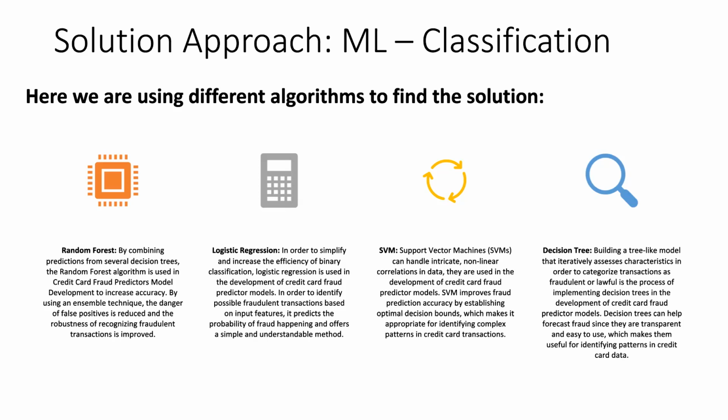Logistic regression is a binary classification algorithm. This model gives the probability of an outcome occurring as a function of input features. It is used to analyze transaction features to find the probability of fraud, whether the transaction is fraud or not fraud. SVM is a supervised machine learning algorithm.